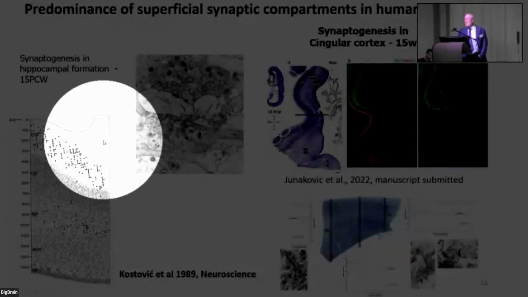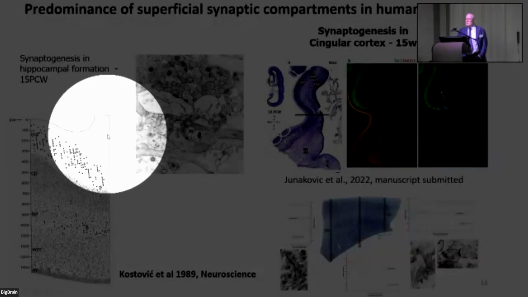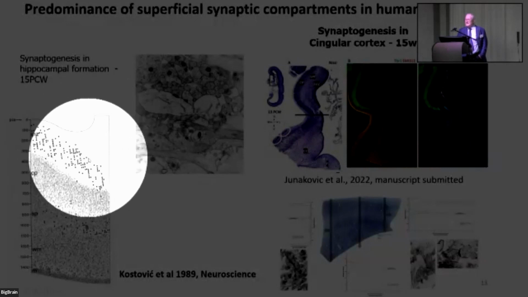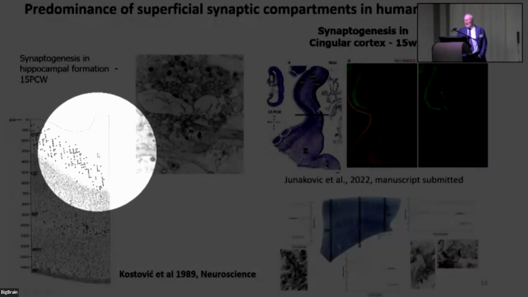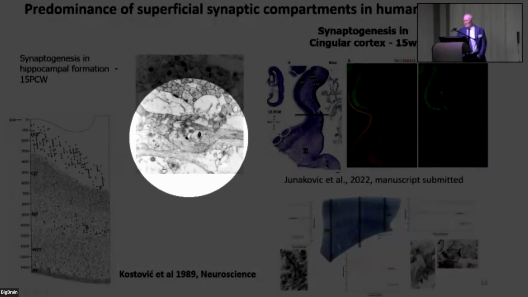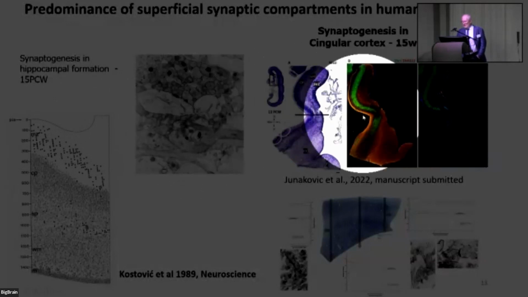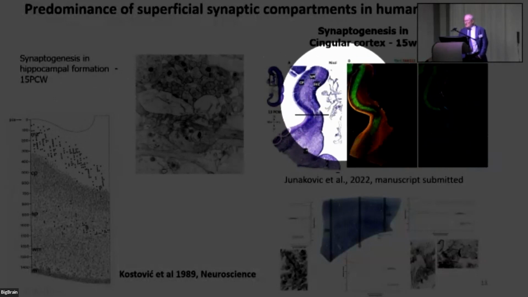So there is no memory at that time. Nobody remembers what was going on in the first year, even second year of life, but synapses are there. And the group in Marseille showed in monkey that at that time you already have action potentials and activity of pyramidal neurons. This is also from a submitted manuscript.